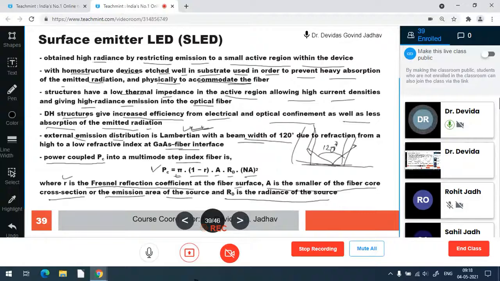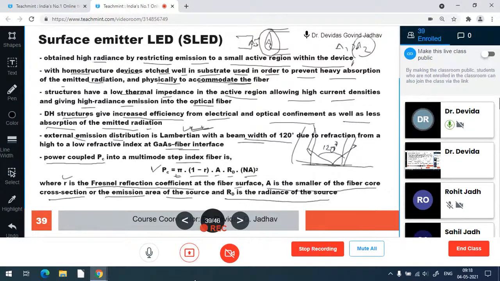Now suppose there is a source, this is the crystal, which emits photons, and this is the optical fiber core, and this is the cladding. Suppose this is the core area and this is the device area, A1 and A2. If A1 is more than A2, the lesser area A2 is taken.